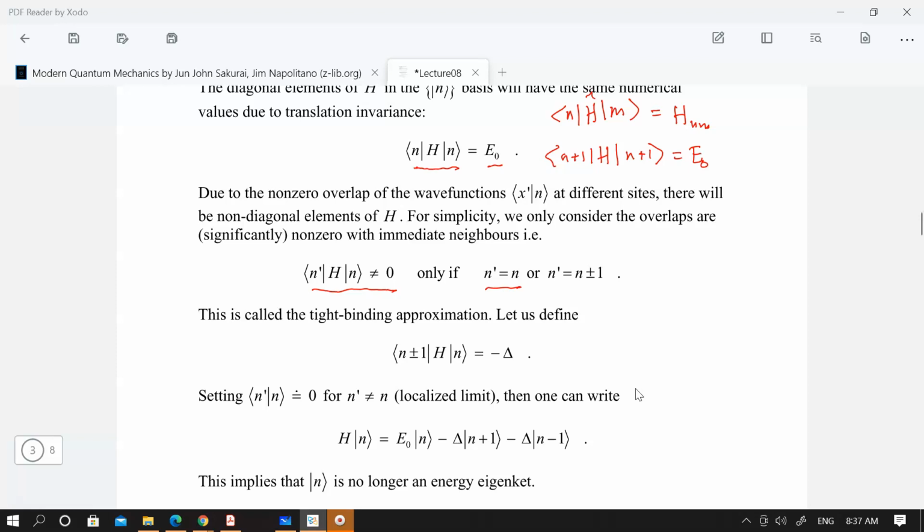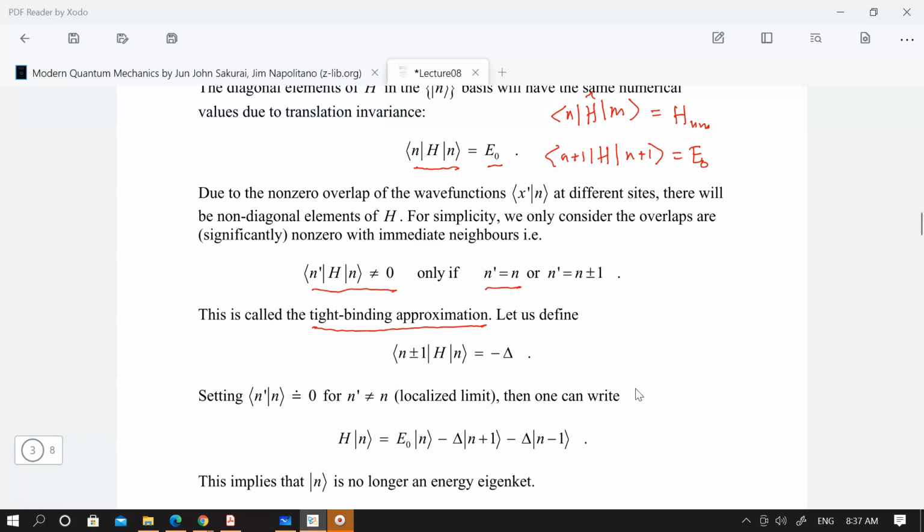So with this kind of condition, this is what we call in condensed matter or solid state physics the tight binding approximation. Let's start to give a value to this particular neighboring site matrix element.